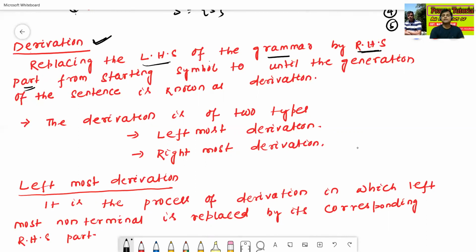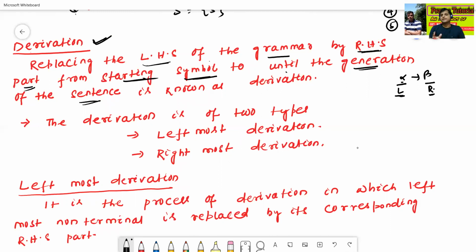Every grammar is in the form alpha to beta; this one is called the LHS part and this one is called the RHS part. Replacing the LHS part by the RHS part, from the starting symbol until the generation of the sentence, is known as derivation.